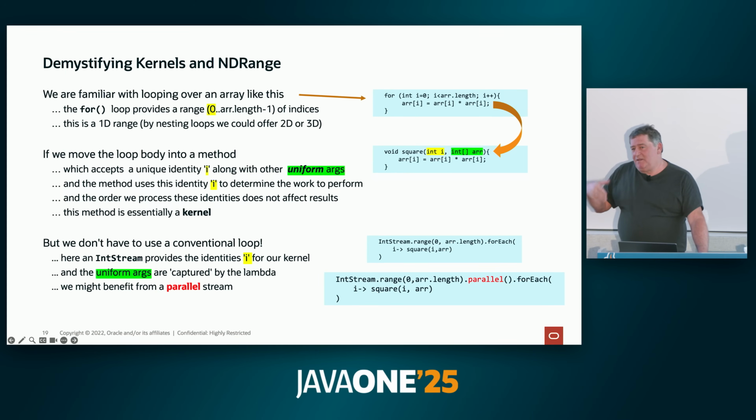And you can start to see why this is a parallel-friendly environment, because if we put parallel in this stream, now our code can run in parallel, can run in multiple threads in the Java world. And in fact, back in 2012, when we started the Sumatra project, this was the programming model that we exposed for people to write code for the GPU. The Sumatra would find these patterns, and it would head them off to the GPU.